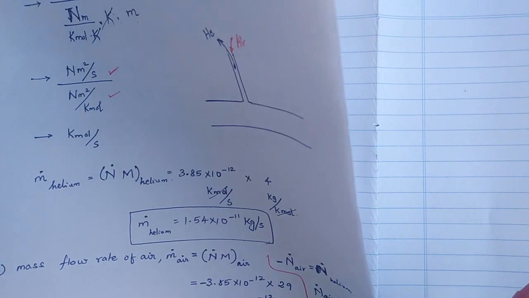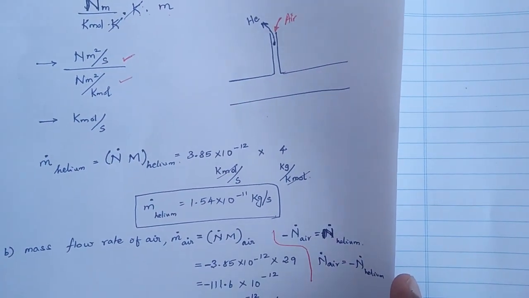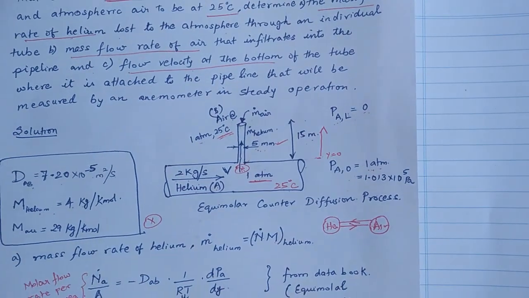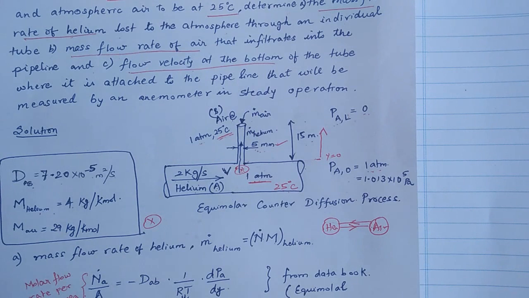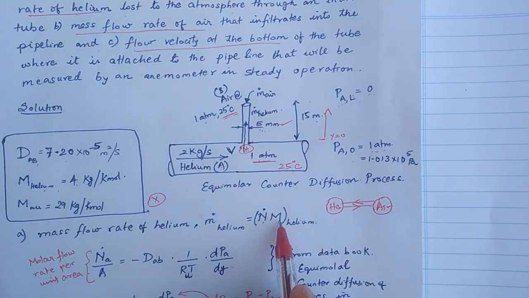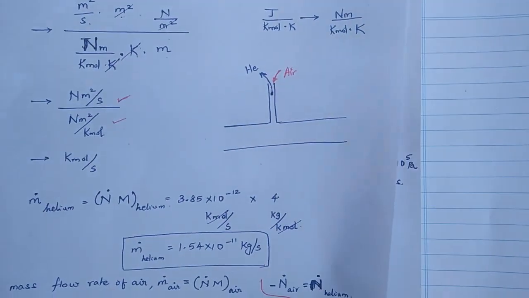Next, we have to calculate the mass flow rate of helium, because the mass flow rate is given as molar flow rate into molecular weight. We have calculated the molar flow rate, then you have to multiply the molar flow rate with the molecular weight of helium, so you will be getting the mass flow rate of helium.